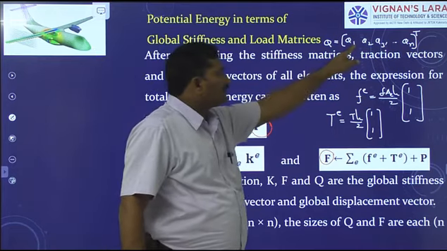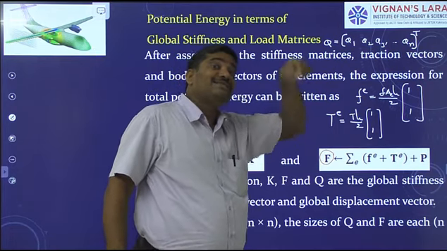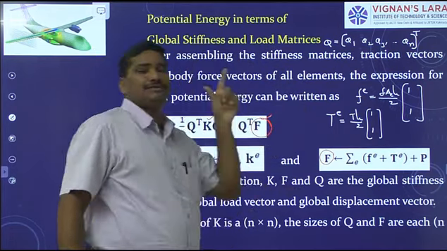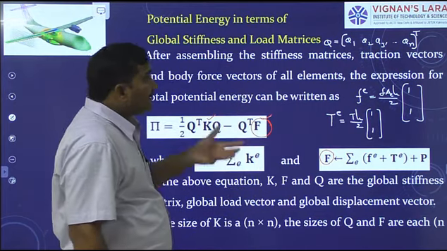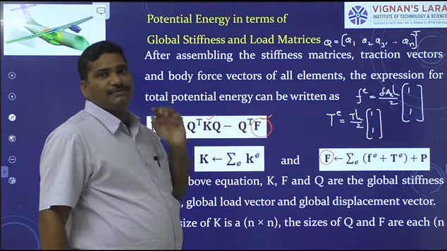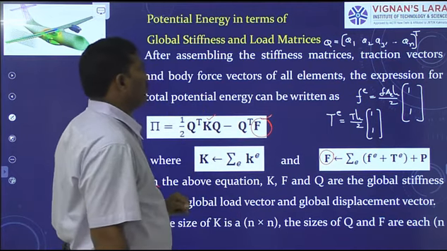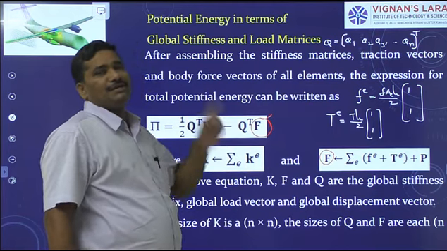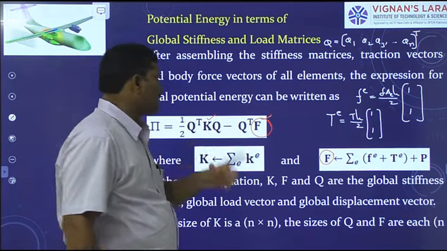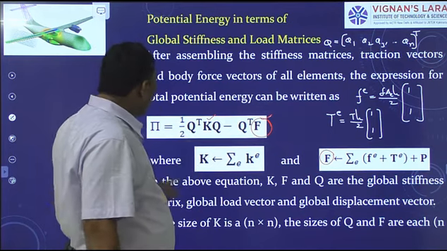We write like this when there are n degrees of freedom in the domain. Be careful. Now, what is the degree of freedom here? Displacement. Now, what is the size of Q here?